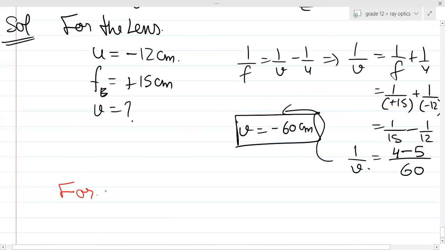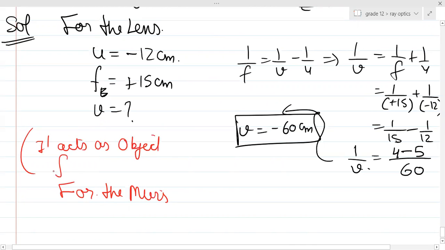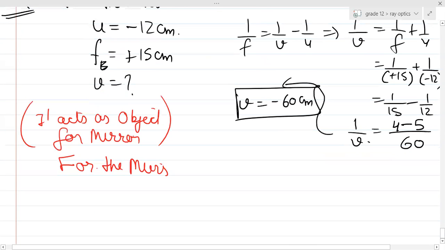So for the mirror, I dash acts as the object, and they have said very clearly that after the reflection the reflected rays become parallel. So the object is placed at minus 100 centimeter now.